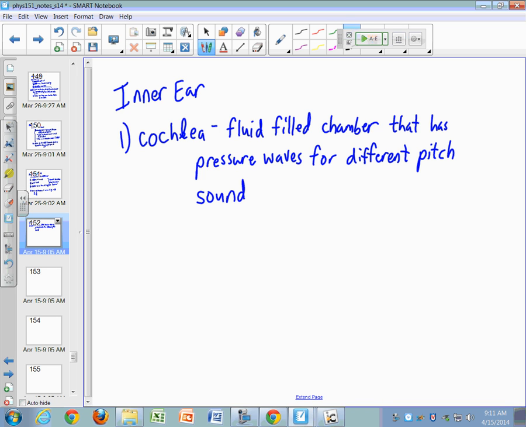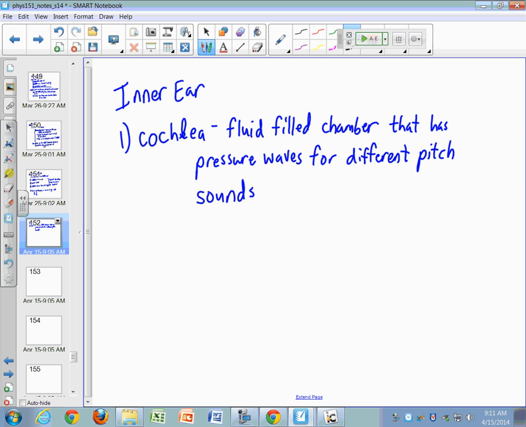So in this chamber, when sounds come into your ear, strike your eardrum, and cause those bones to vibrate, those vibrations are transferred to the cochlea, and it'll set up pressure waves within the cochlea dependent upon the frequency or the pitch of the sound.